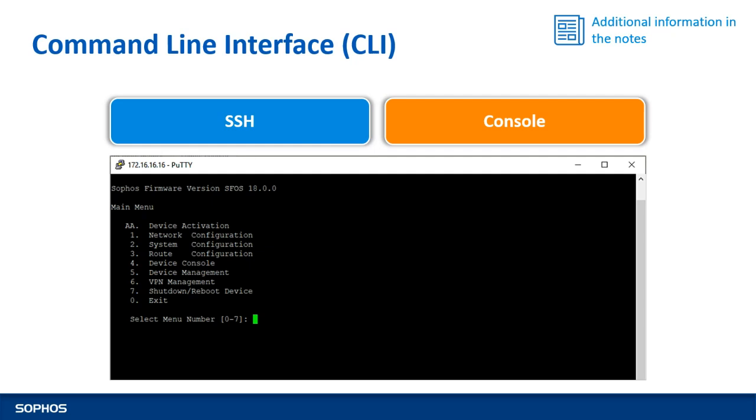To log into the CLI, use the password of the built-in admin user. The default administrator password is admin, and you change this as part of the initial installation wizard. In the slide notes, you can find the parameters of a console connection.